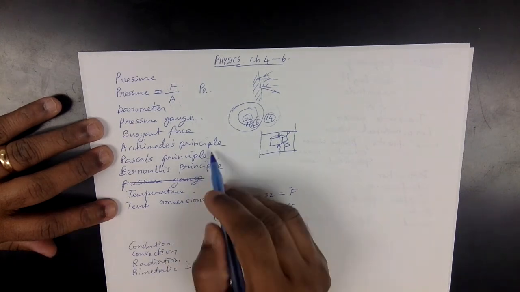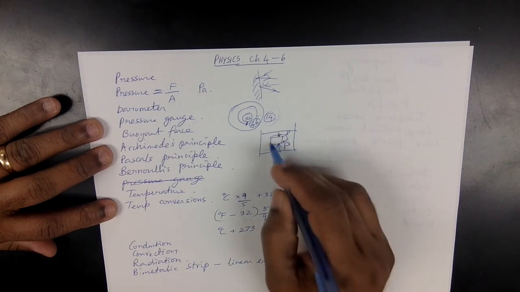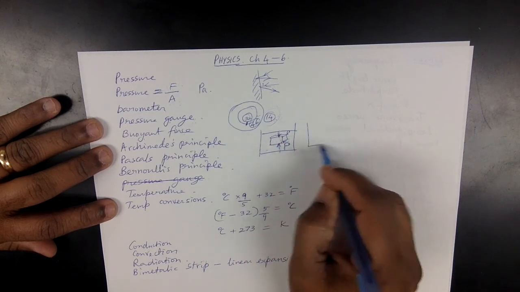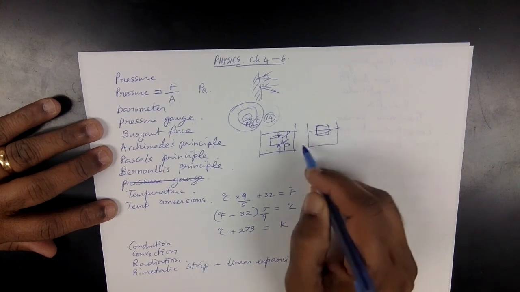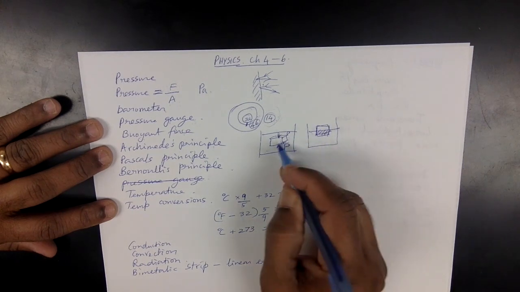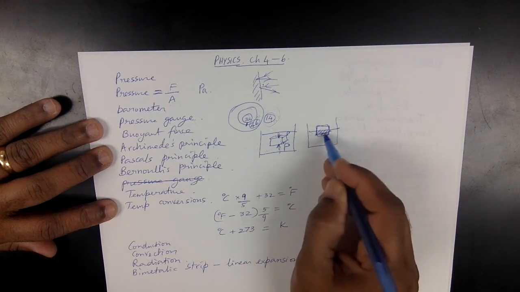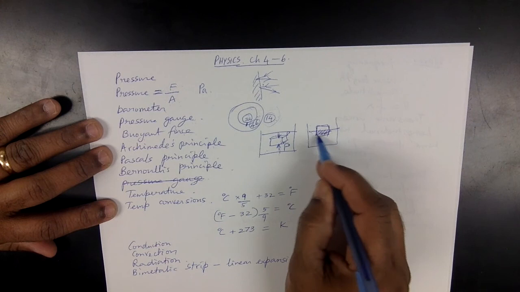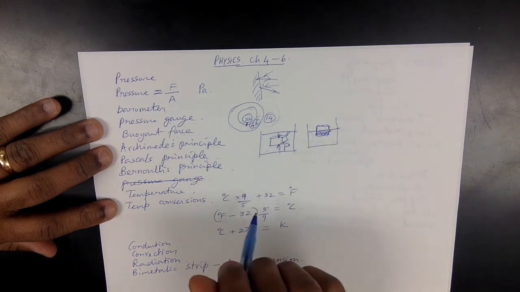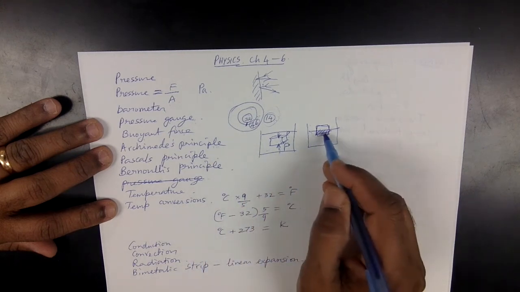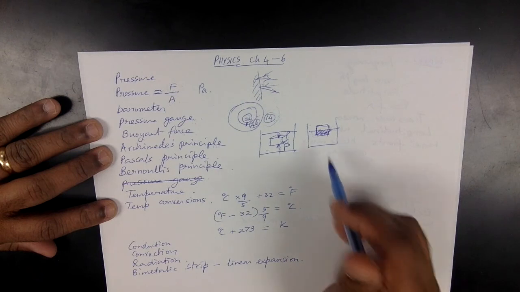Now, Archimedes' principle tells you that when an object is fully inside or even partly inside, partly submerged or fully submerged, it is displacing a certain amount of fluid, and the weight of the fluid displaced is the buoyant force. That's what Archimedes' principle tells you. So for floating objects, like ships, why do they float? Because of Archimedes' principle.